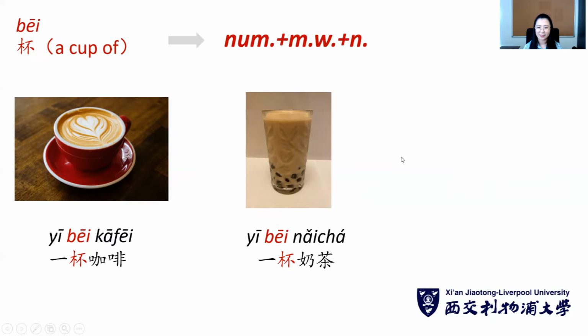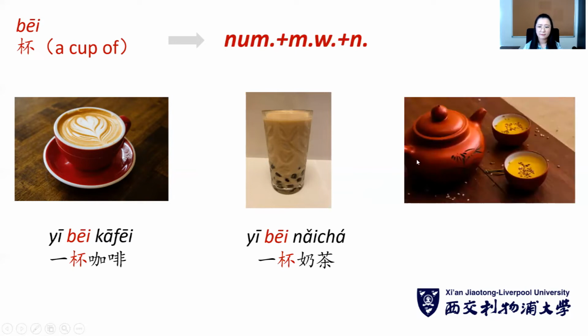Okay, a harder question. So, if I want 2 cups of tea, how to say that? We should say 两杯茶. Pay attention. We will use 两 when you want to express 2 of something.